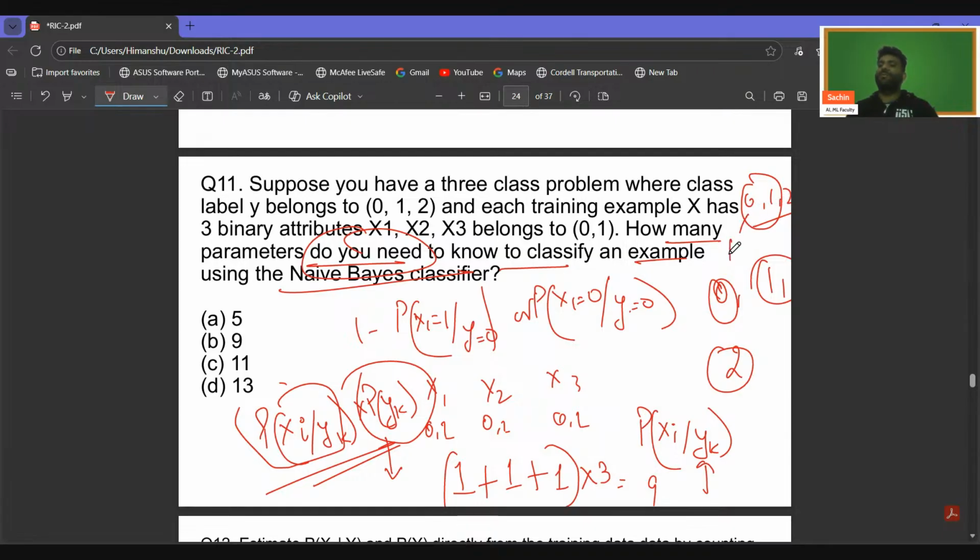Let's say this has probability p, this has q. Can I calculate the probability of y being 2? Yes, by doing 1 minus (p plus q). So for yk, that means the probability of y belonging to a particular class, how many parameters do I need? I need 2 probability values, okay? So 9 plus 2, 11. That is going to be my answer. I hope you could understand. 11 is the answer over here. Very simple. Okay.